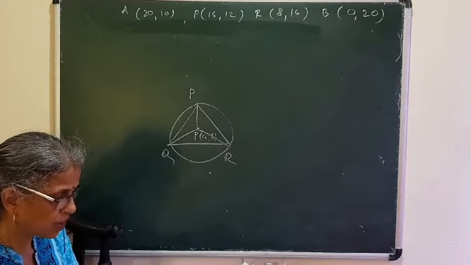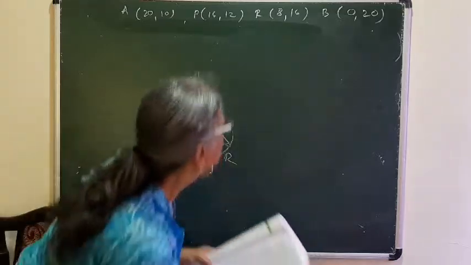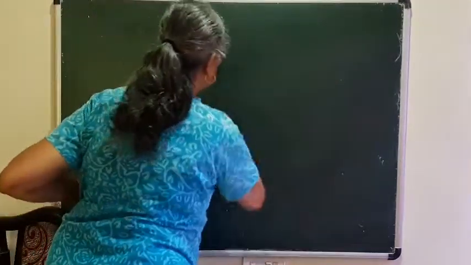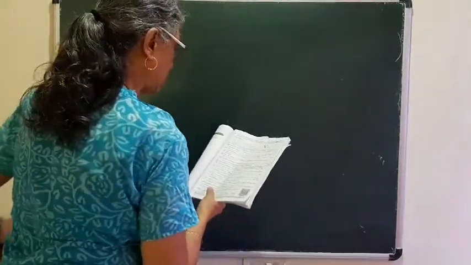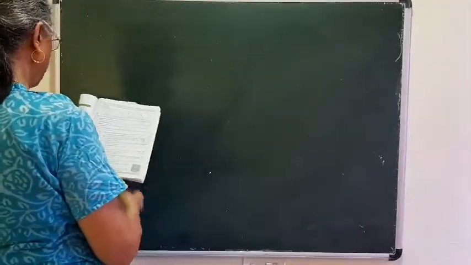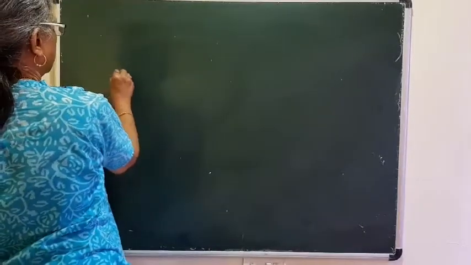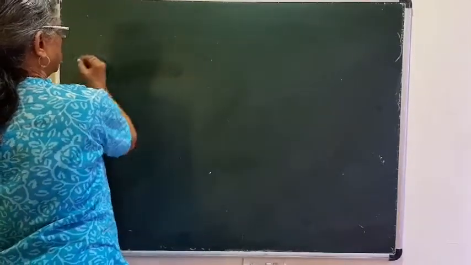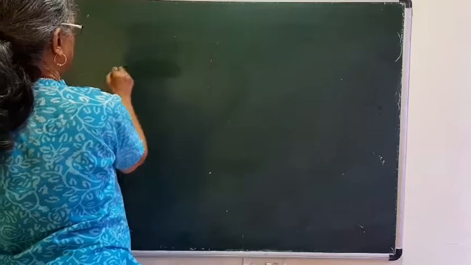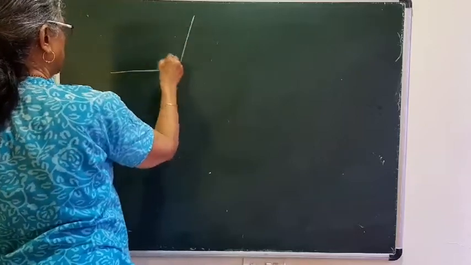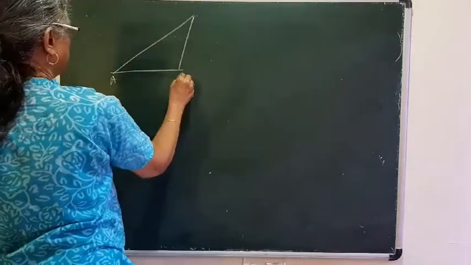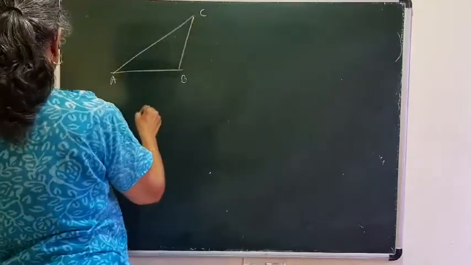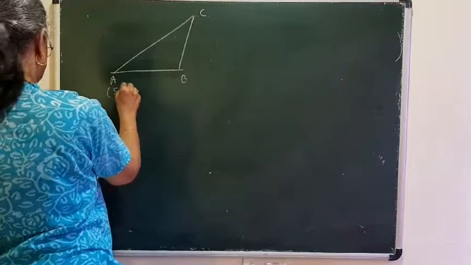Now sum number 21. Find the possible pairs of coordinates of the 4th vertex D. So they have given you coordinates of points A, B, C. A they have given coordinate 5, 6.